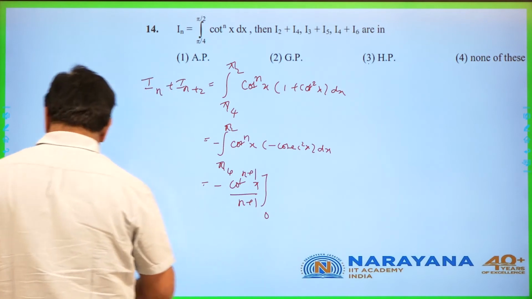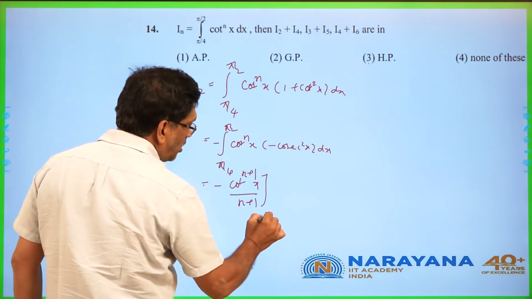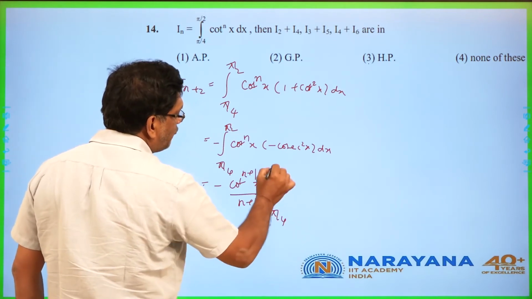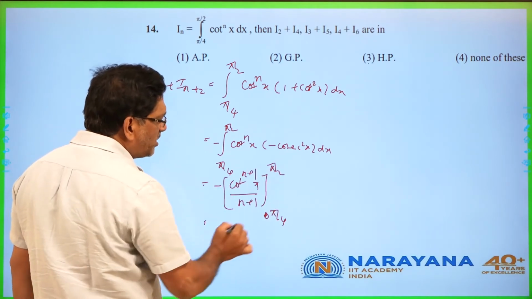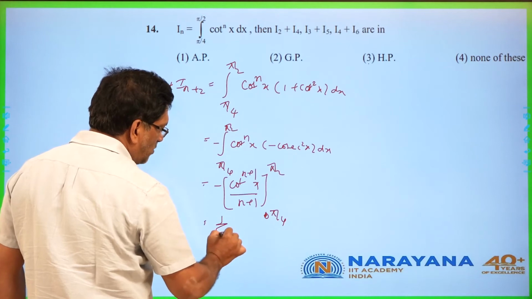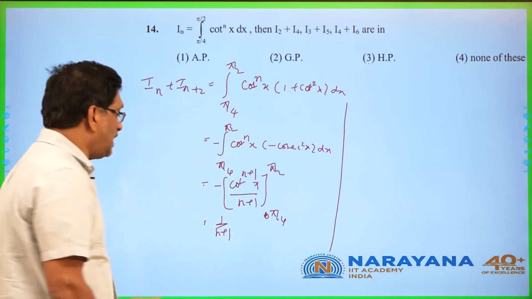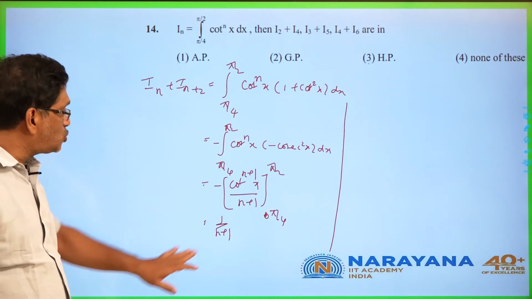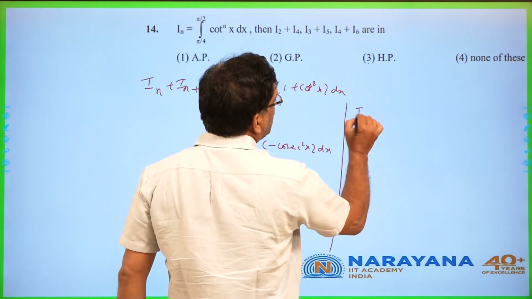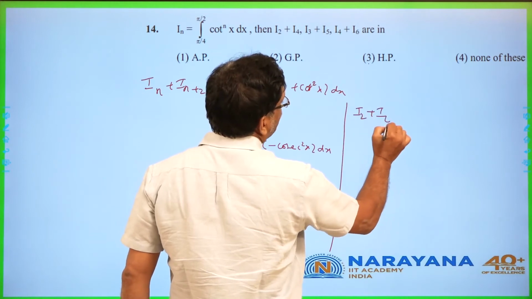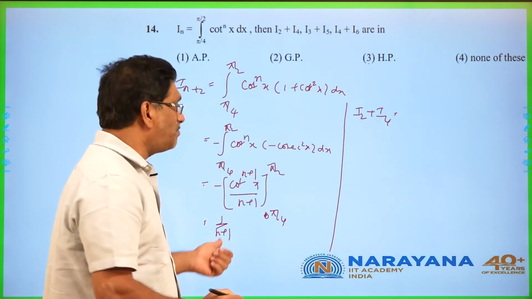Limits are pi by 4 to pi by 2. So when you apply the upper limit, it is 0, and for the lower limit, it is 1 by n plus 1. You mean In plus In plus 2 is a fixed value. When you put n equals 2, I2 plus I4 is 1 by 3.